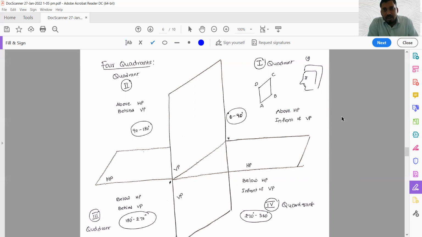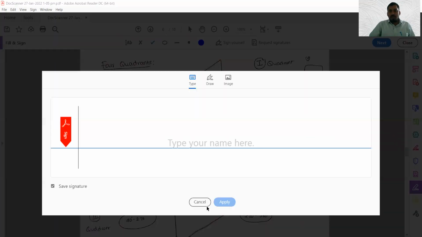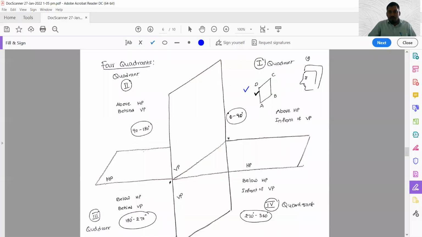We'll see now. So I have taken an object. See, all of you, in first angle projection, if you observe, the object is placed here. If you observe carefully, the object is in the first quadrant between 0 to 90 degrees, and the object position is located above HP.